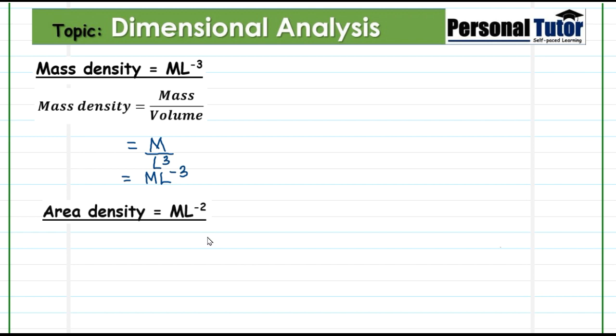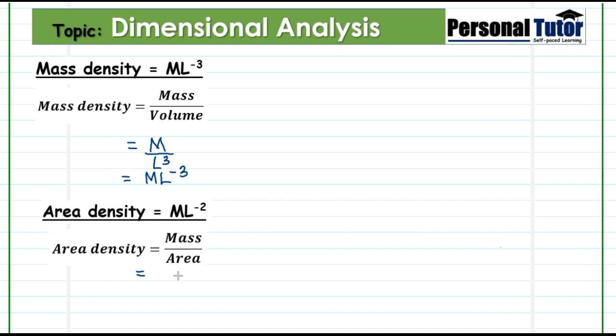Let's proceed to area density, whose dimensional equation is ML exponent minus 2. It is so because area density is expressed as mass over area.